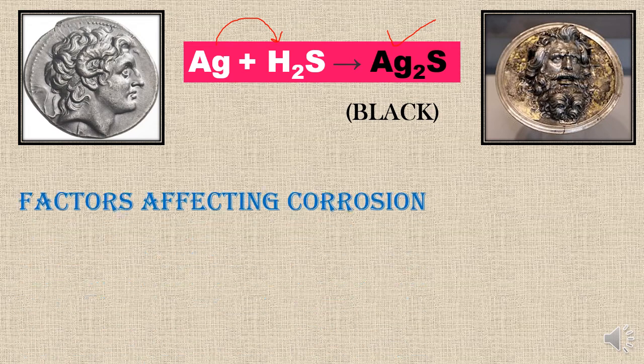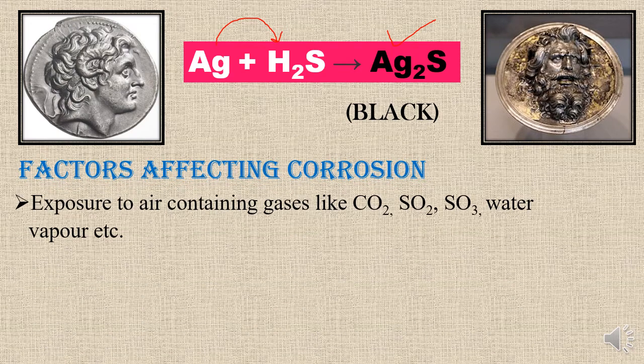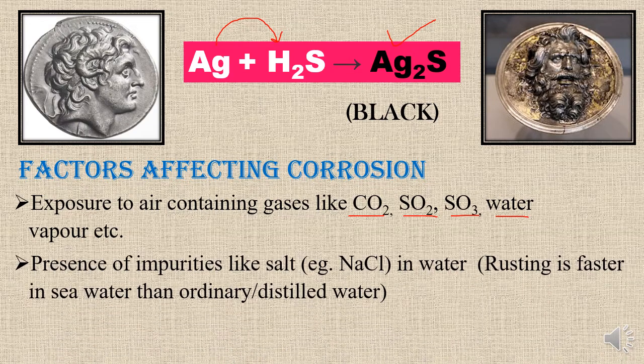Now, let's see the factors which promote corrosion. Number 1. Exposure of the metals to air containing gases like carbon dioxide, sulfur trioxide, water vapor, etc. Number 2. Presence of impurities like salt, for example, sodium chloride in water.